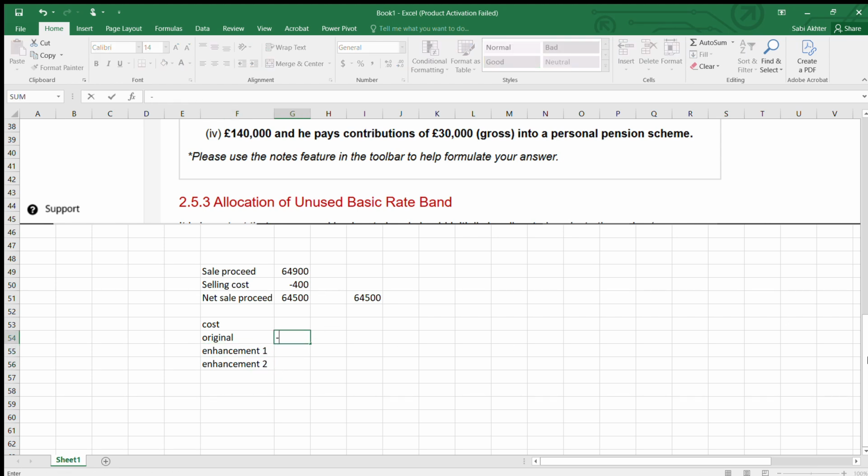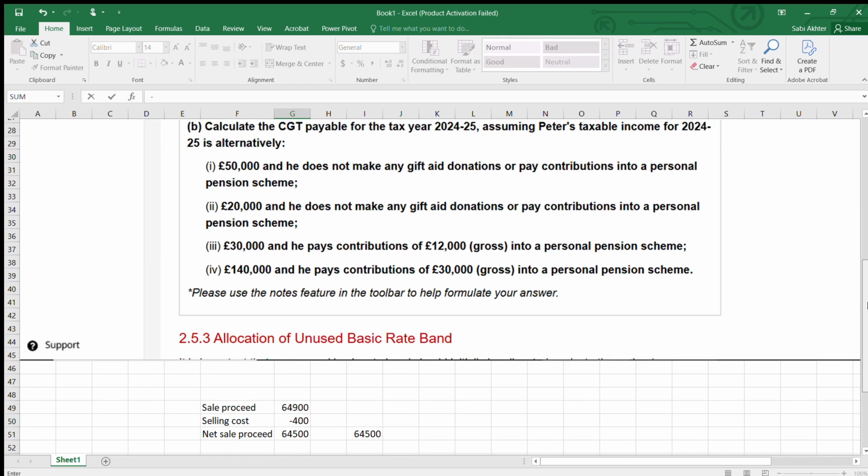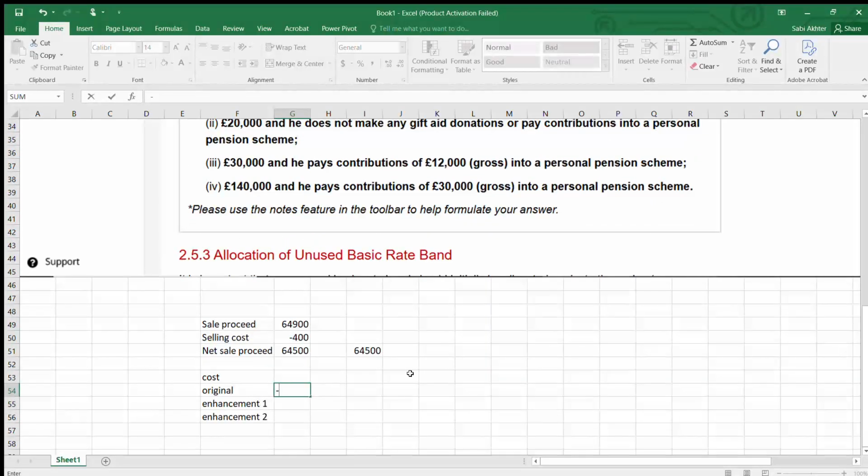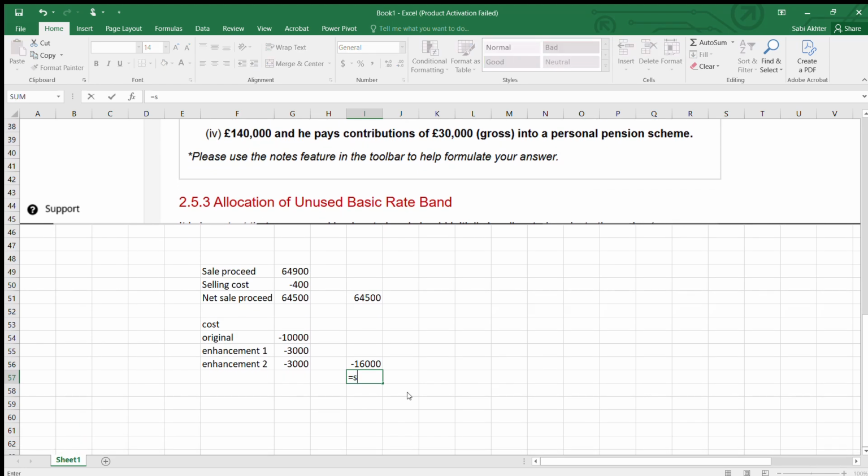So what is the cost? The cost was 10,000. And then first time we had incurred 3,000 expenditure and then 2,000. So now just take the sum function of these three. And here also we have to use the sum function to find the gain. This is the total of the cost. So 48,500 is your chargeable gain.